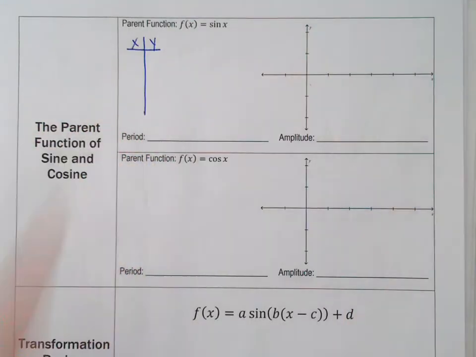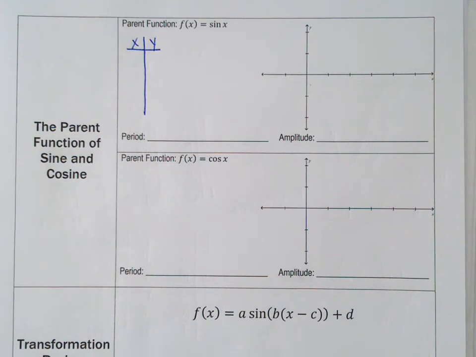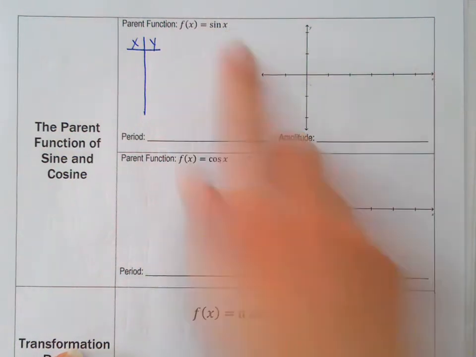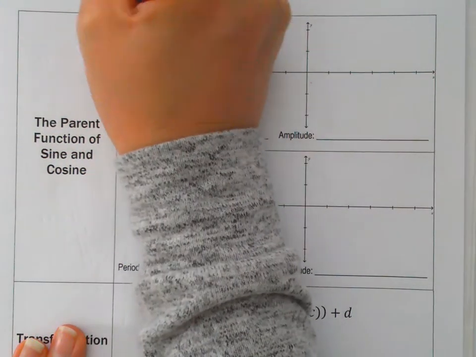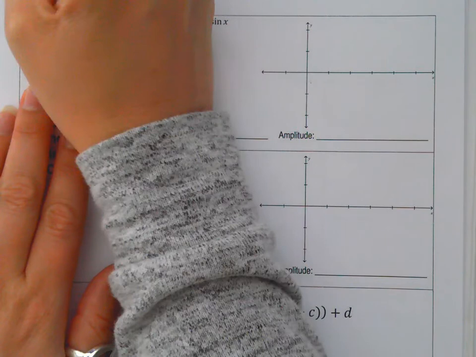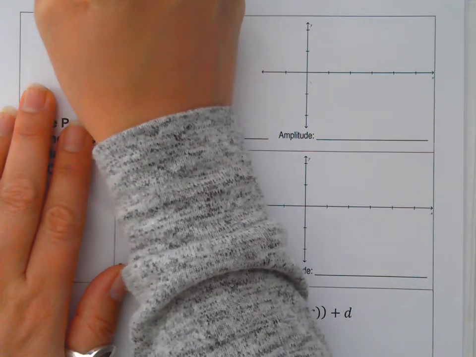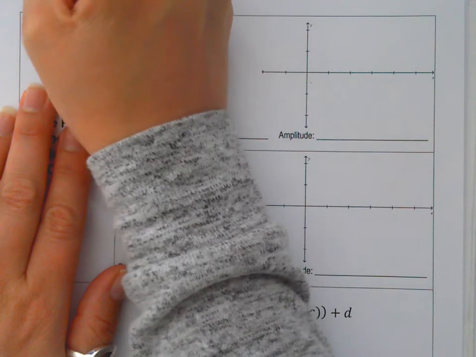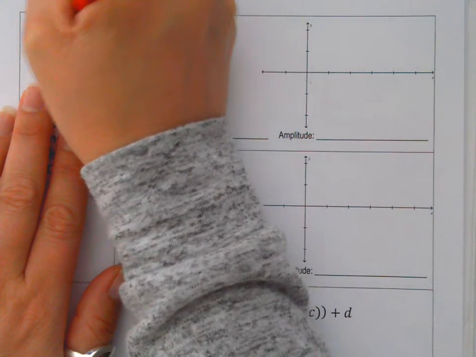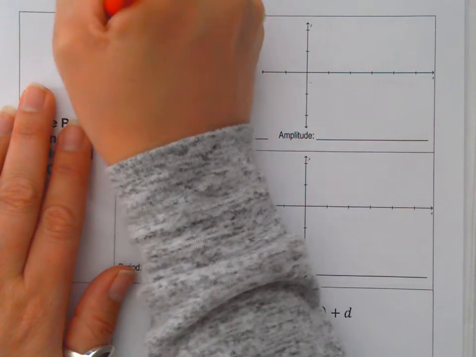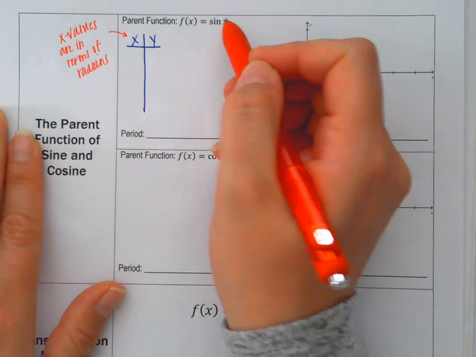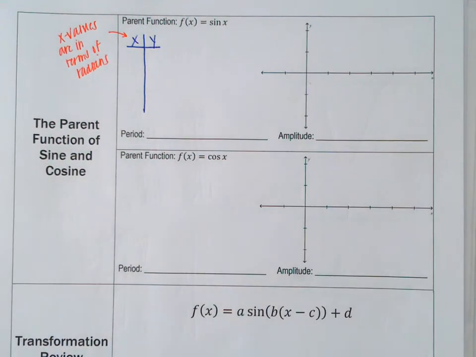And so we have our x and y values. Our x values are going to be the input, and our input is going to be in terms of radians, because we could use degrees, but typically when we're dealing with trigonometry, we deal more in radians.